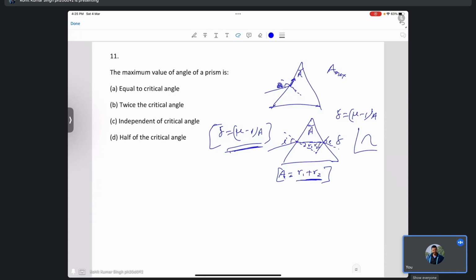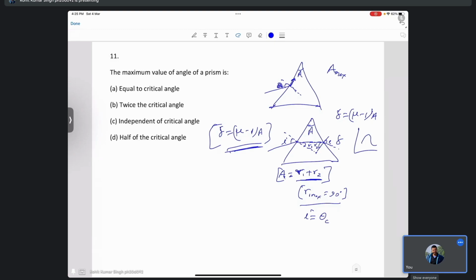And what is the maximum value of R1 and R2? Maximum will be 90 degree, right? And when this happens, the angle of incidence will be the critical angle, correct?